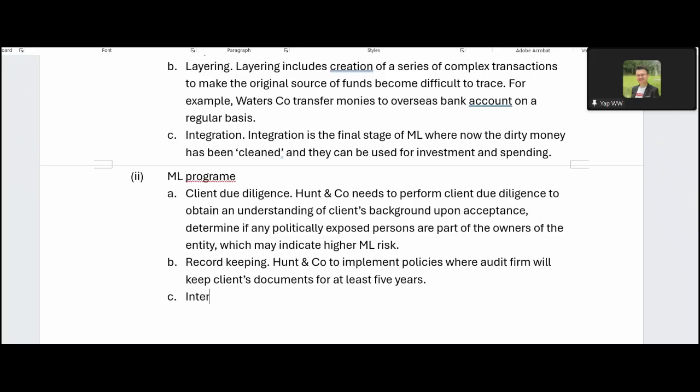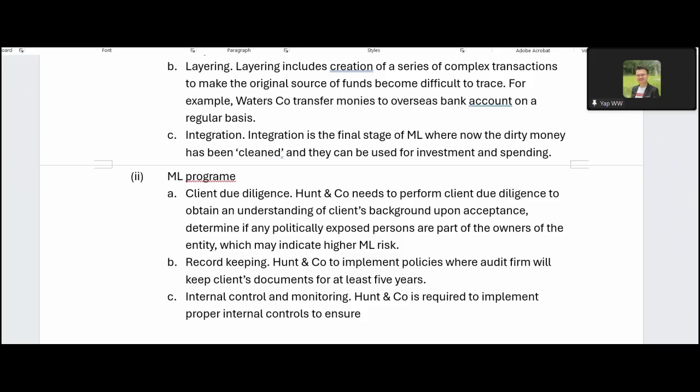Now, I stands for internal control and monitoring. Okay, now we are talking about the audit firm. Hunt and Co is required to implement proper internal controls to ensure the anti-money laundering program has been monitored.